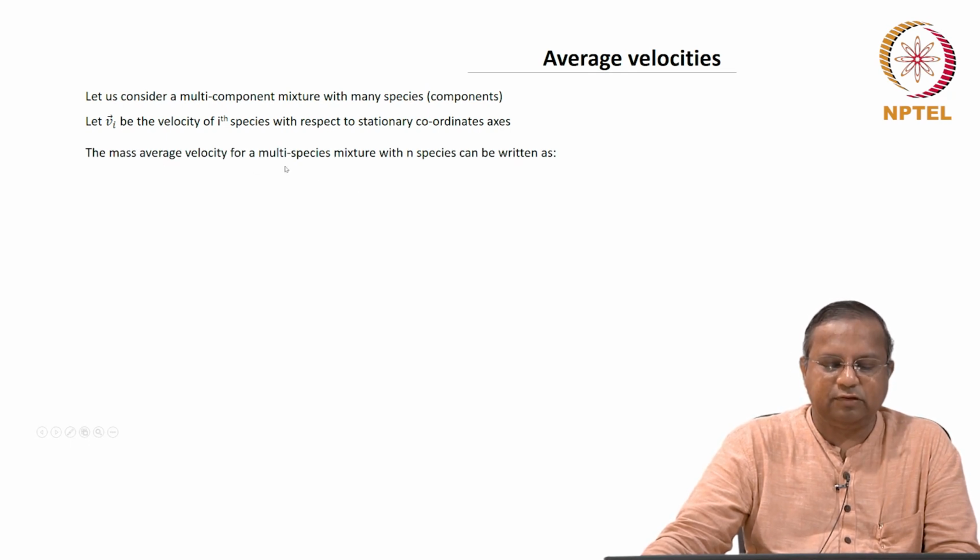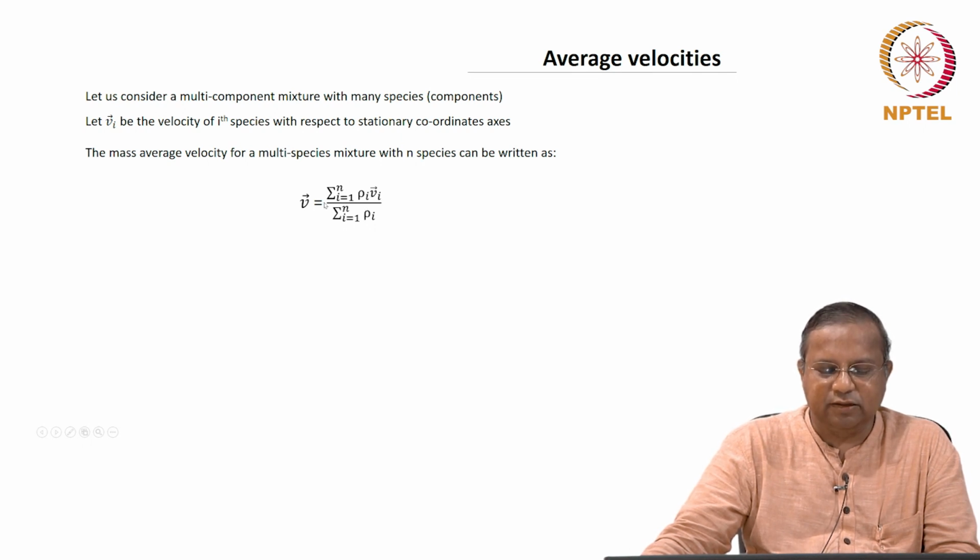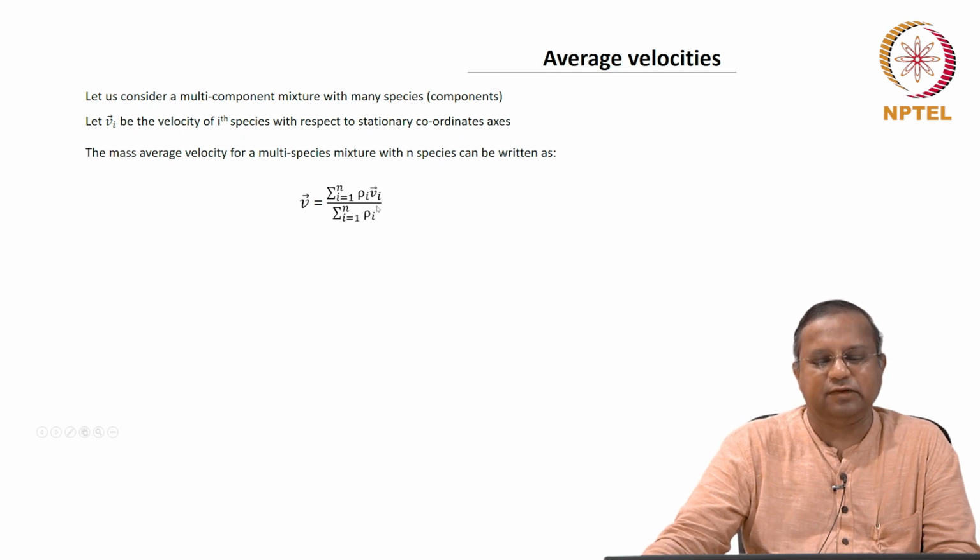The mass average velocity for a multi-species mixture with n species can be written as, by the standard definition of average, this is the average velocity V hat or V vector, equals, you take the product of the density times the velocity of each species i, and then sum over all those products, divide the entire sum by the sum of all the densities.